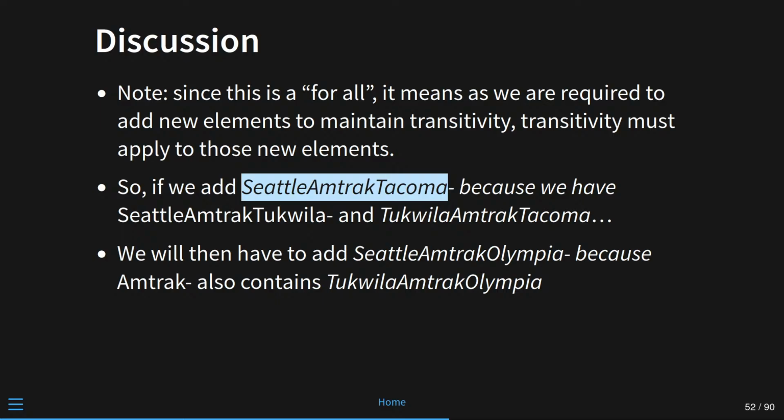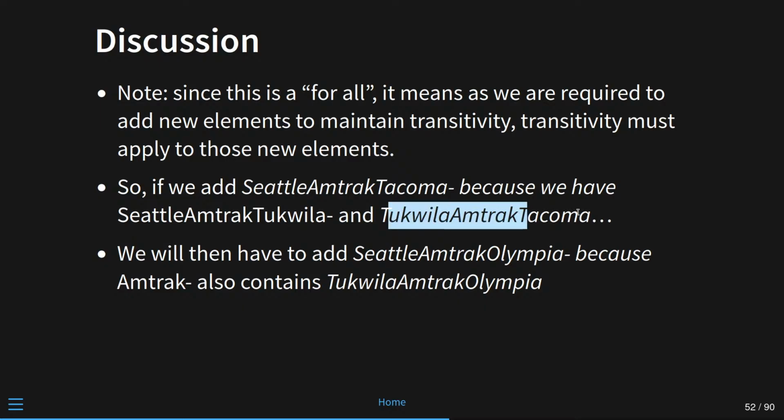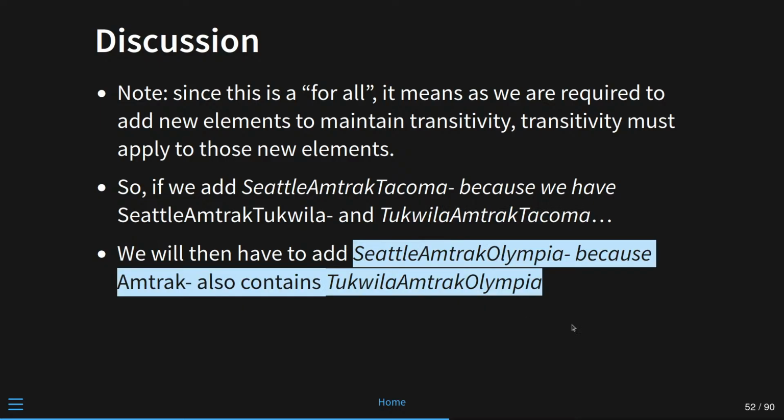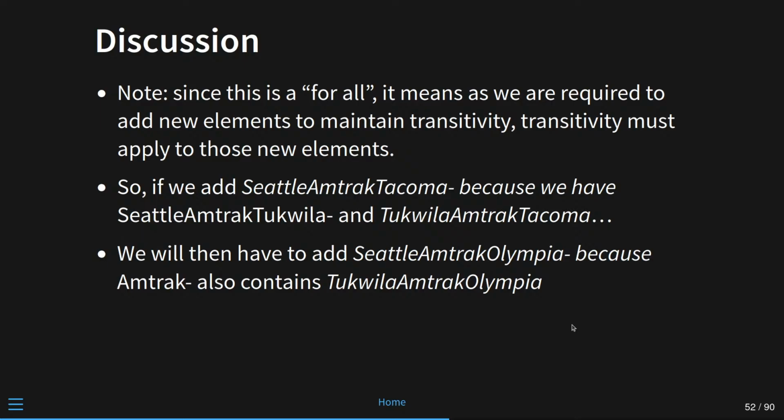I don't know, right? So I just wrote Seattle Amtrak Tacoma. And why do we have Seattle Amtrak Tacoma? Because we have Seattle Amtrak Tukwila, and we have Tukwila Amtrak Tacoma. So they are connected. And then we also have Seattle Amtrak Olympia, which means we now have Seattle Amtrak Portland. Congratulations, we have now connected the great city of the Pacific Northwest and also Portland using Amtrak, right?